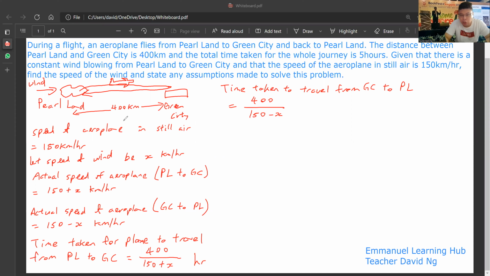The distance is unchanged, so distance divided by speed gives the time taken in hours.